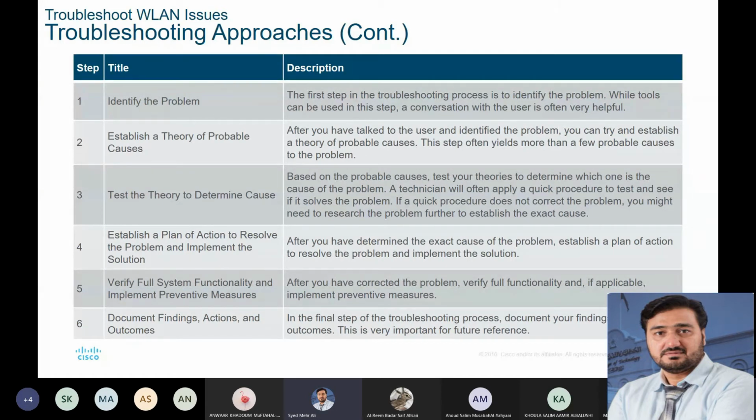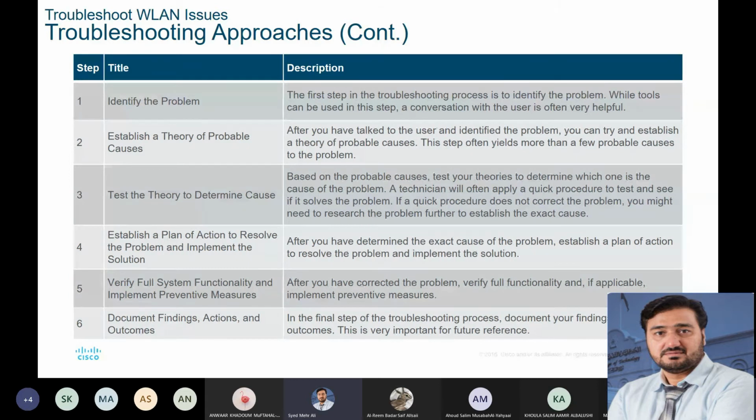Once that is done, you can move to the next step, verify full system functionality and implement preventive measures. After you have corrected the problem, you verify the full functionality of your network, and if applicable, implement preventive measures as well.